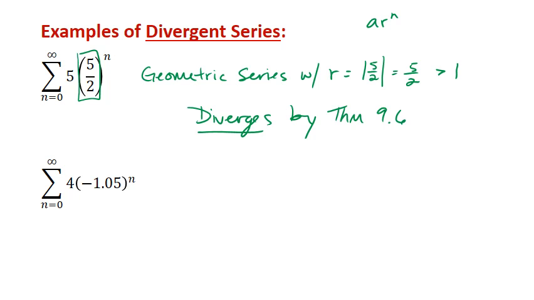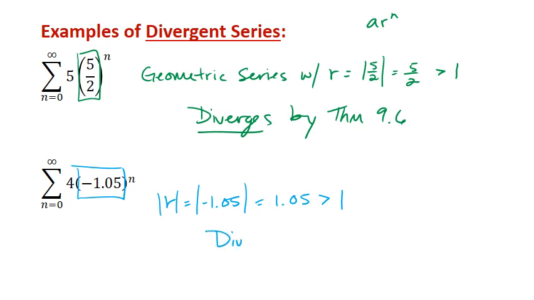All right, to this last example here, we're going to look at this. So this means the absolute value of r is actually 1.05. This is also greater than 1, so you need to pay attention to the negatives also.